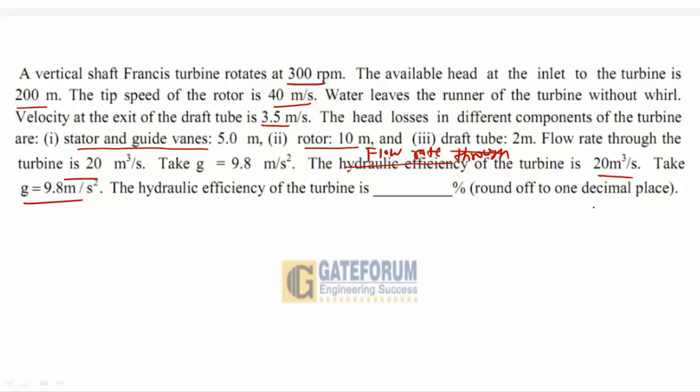Okay. So my dear friends, in this question you don't need to worry. Just balance the heads. Whatever head is available, you have to balance.